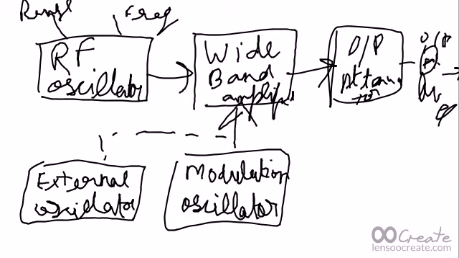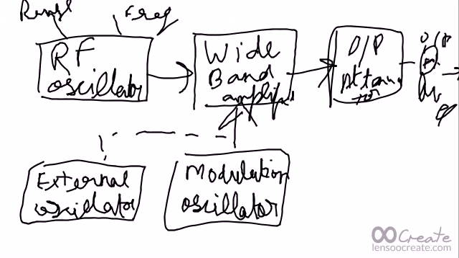And this modulation is indicated by a meter, and your output signal can be an amplitude modulated or frequency modulated signal. And modulation may be done by a sine wave or a square wave or triangular wave or a pulse. Meaning you can have any wave for modulation.